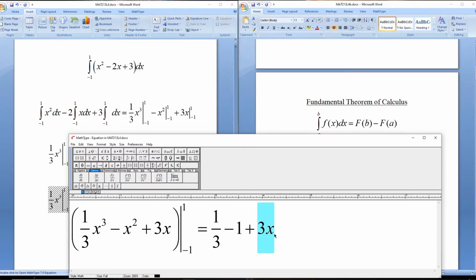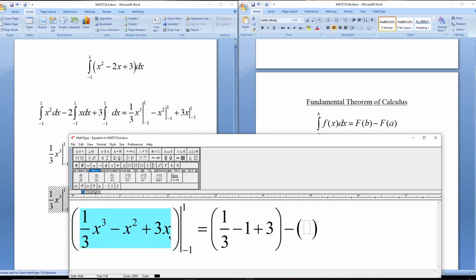And 3 times 1 is 3. So there we go. We plugged b into the antiderivative. And now we're going to subtract, plugging in a.